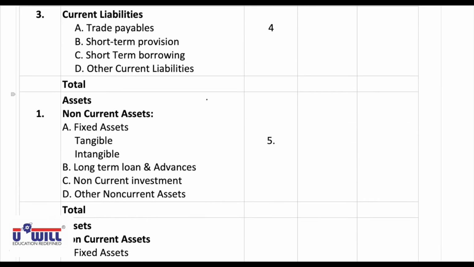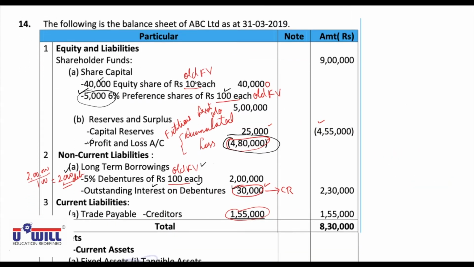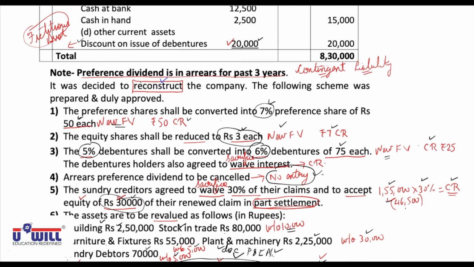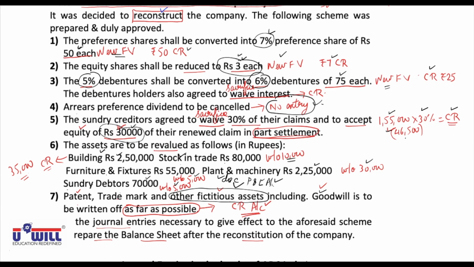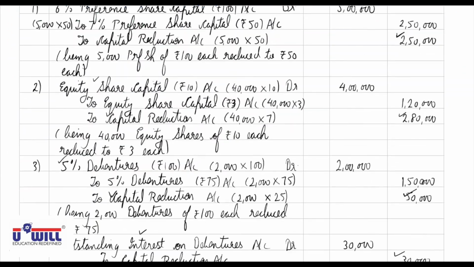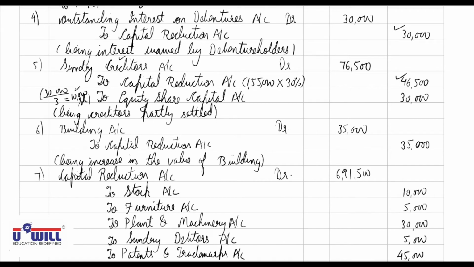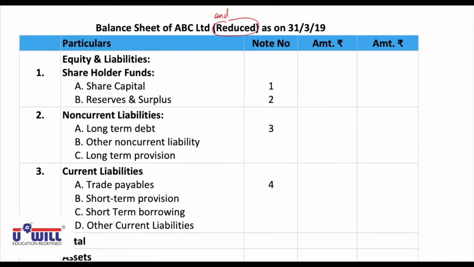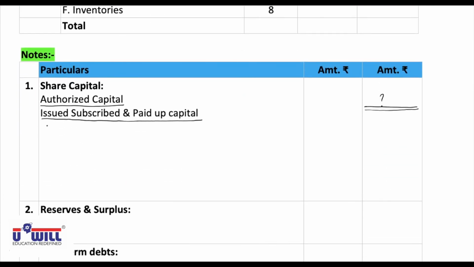Now how will we find this, understand it. Already in the balance sheet we have 40,000 equity shares, but the only difference is now from 10 rupees they are reduced to 3 rupees. So the same 40,000 shares but the face value is 3. Moreover, to the sundry creditors also we have issued 10,000 equity shares of 3 rupees, 30,000. So 40,000 already there plus 10,000 issued to sundry creditors.